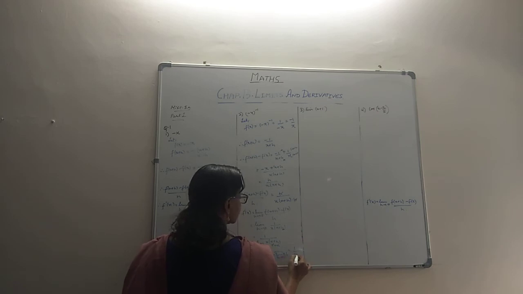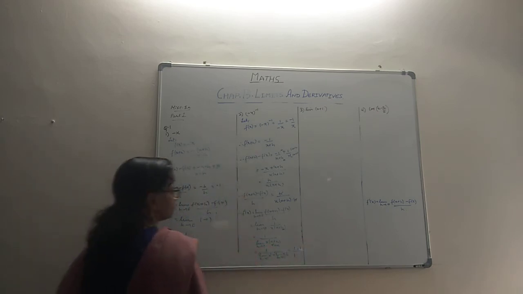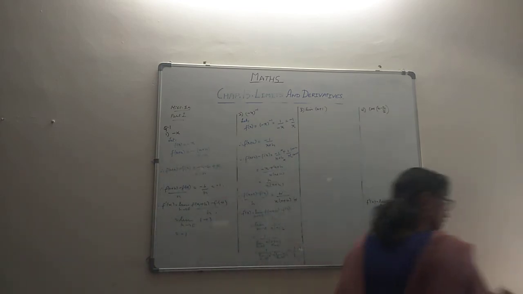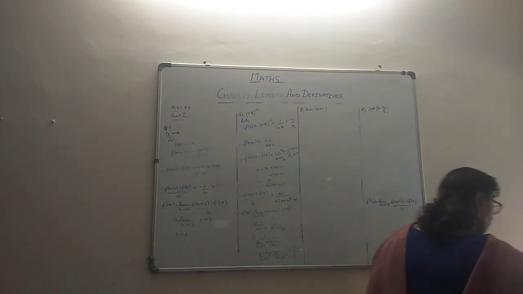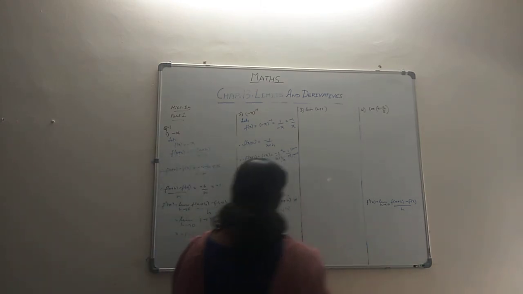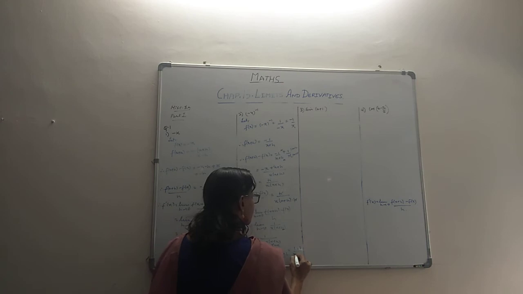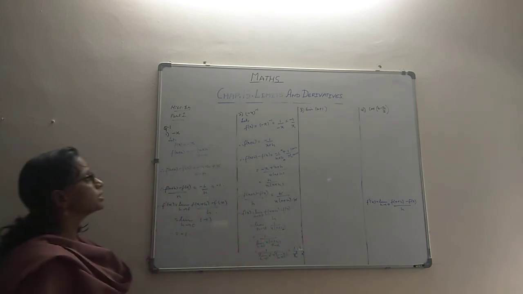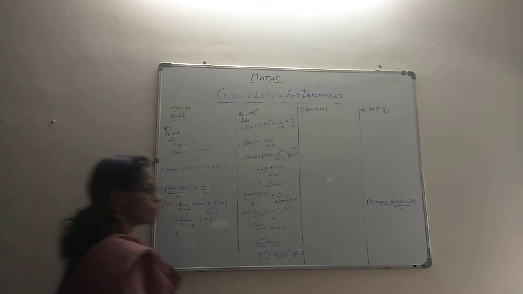So this entire term will become 0. So 1 by 1, your answer is 1. So finally the derivative is, no, something has gone wrong. Oh yeah, this x squared is here. It's not 1, it's x squared. So it is 1 by x squared. Your derivative is 1 by x squared as your answer.